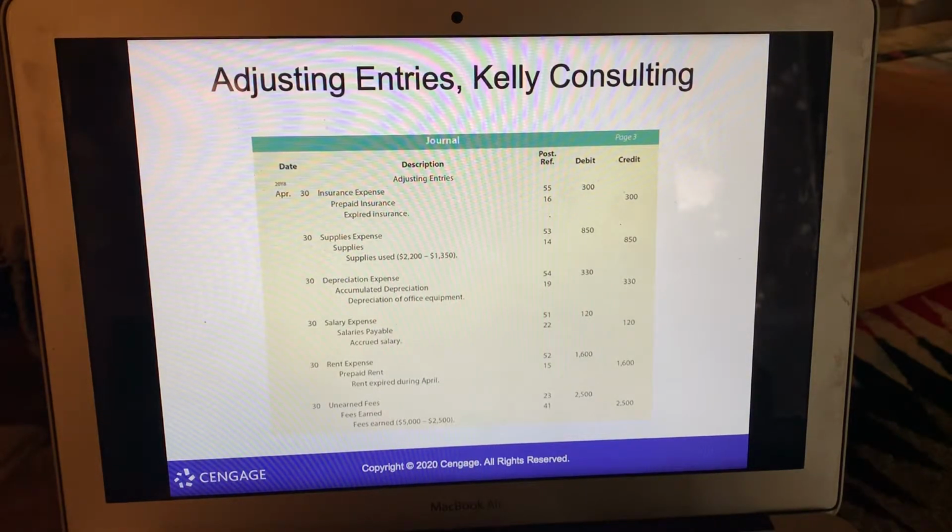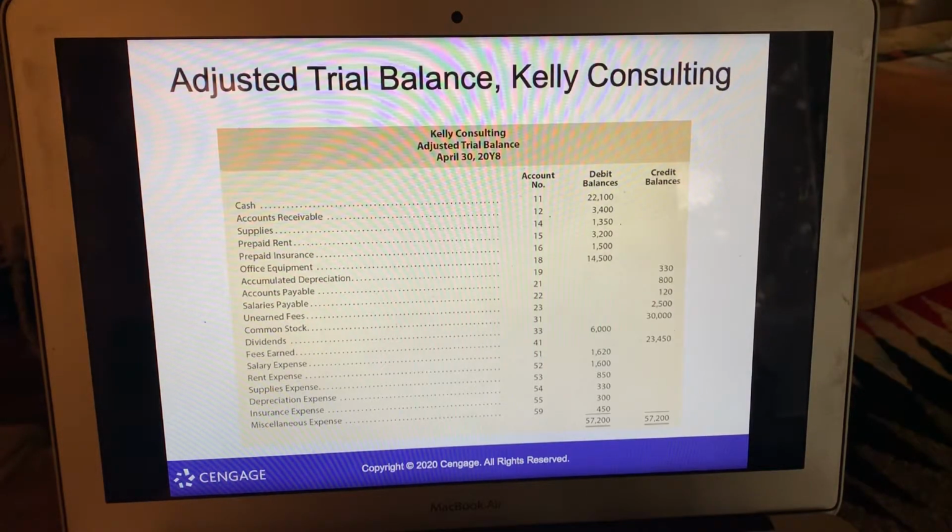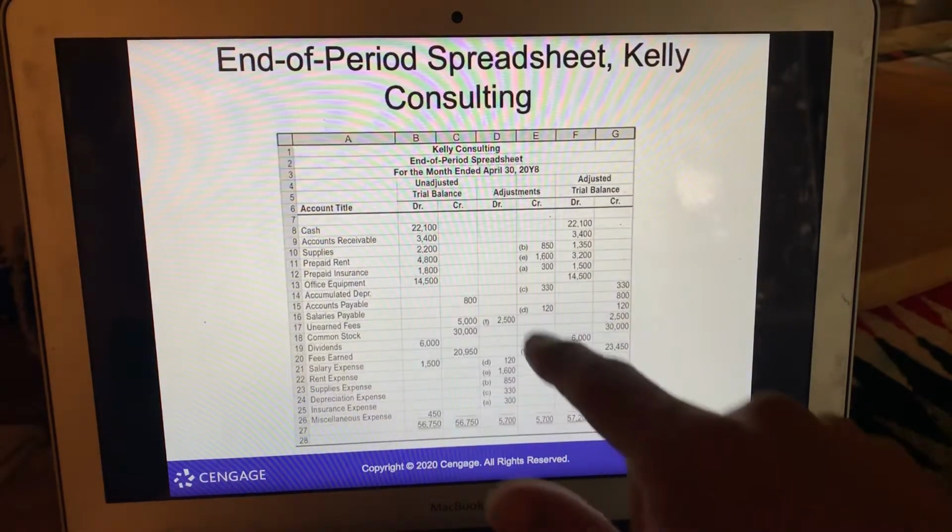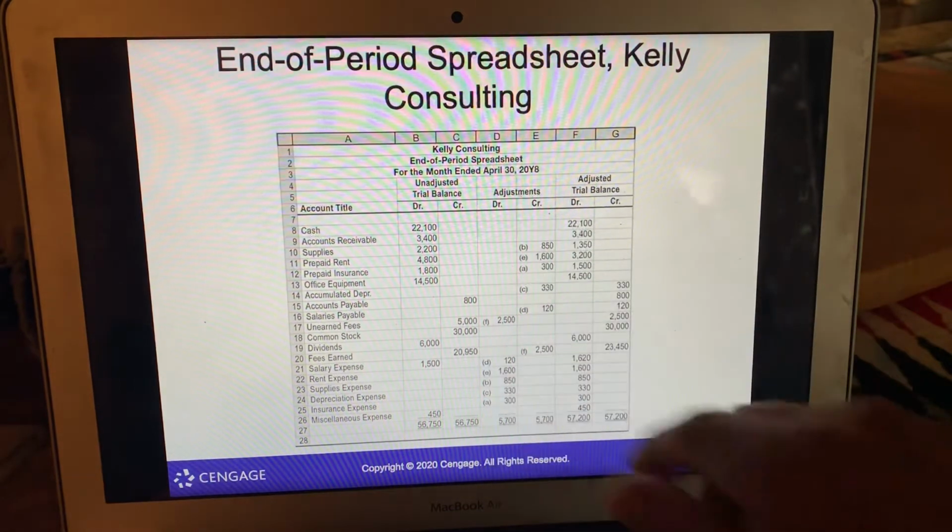So adjusting entries, Kelly Consulting. So it looks like we are adjusting and closing these out. So then those are the adjustments, and whenever we look at our adjusted trial balance, we still get 57,200. So what's going on is these accounts right here, these adjustments are what we just journalized.